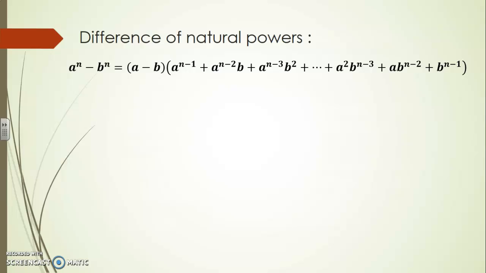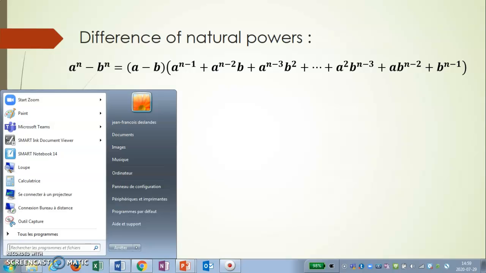So in the case of the difference of common powers of a and b, so a to the n minus b to the n, a minus b will be a factor, and it will leave behind that bigger term that you see on your screen. Now, what would be great for you to recognize is to notice how the powers of a decrease at every term.